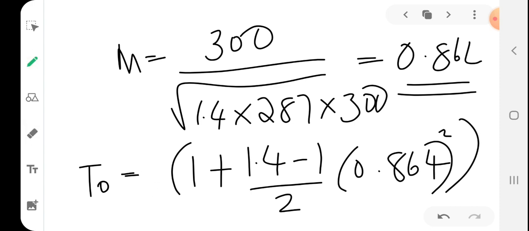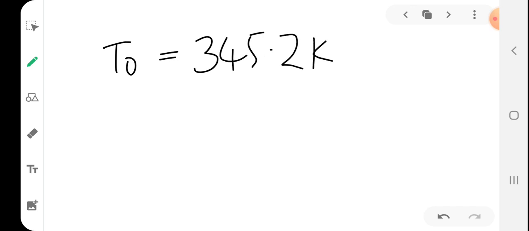Here T is 300. Solving this equation you will get the value of T0 around 345.2 Kelvin. Okay students, this is how you find the value of T0.